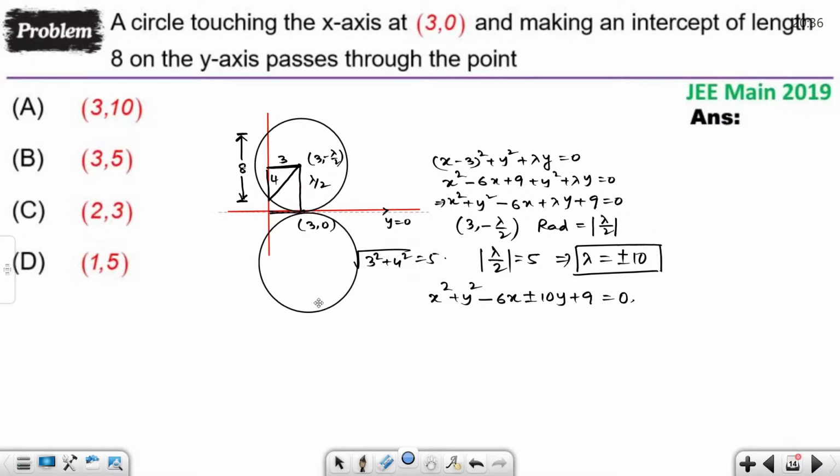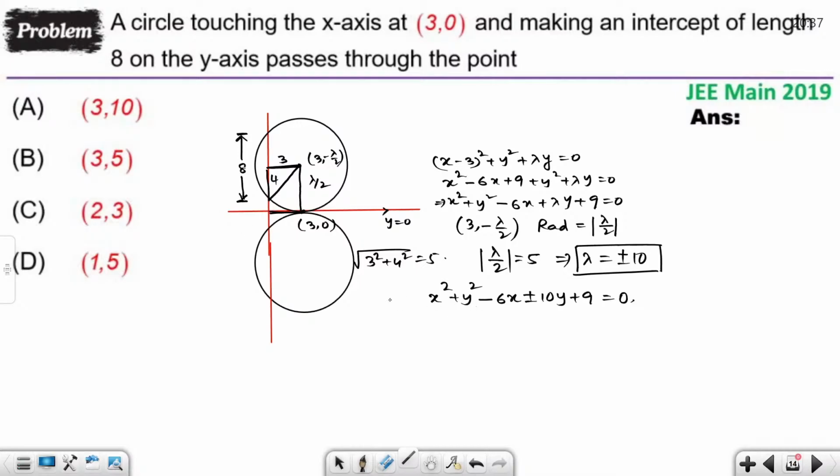The same will be here also, isn't it so? It is touching the point (minus 3, 0) and it is cutting the y-axis with an intercept of length 8. Okay, like this. That is why we are getting two circles.